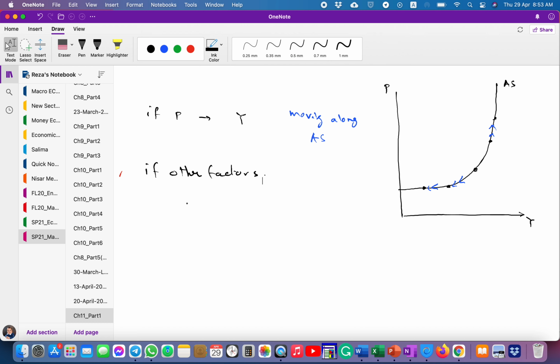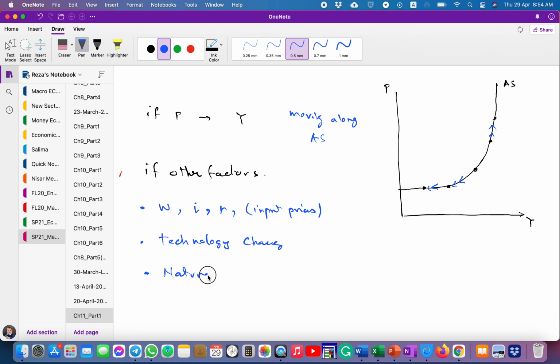Now if other factors change, what would the other factors be according to the diagram which I showed? It was wages, interest or rent, so input prices change, or technology change, or natural disasters.